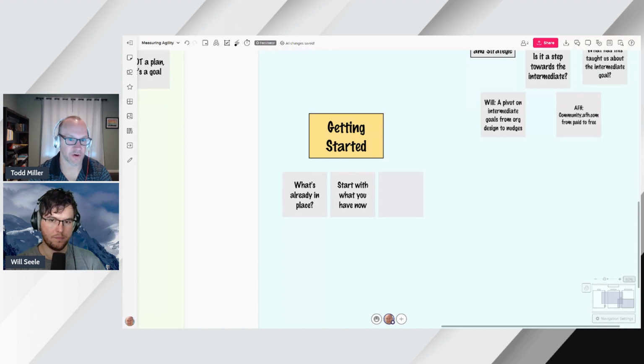And so I think that starting with what you have now, building from the inside out, is a potentially good way to do it. I'm not saying the only way to do it, but from my vantage point, I've started too quickly and too fast in the past with evidence-based management. And to be utterly clear, it was counterproductive.